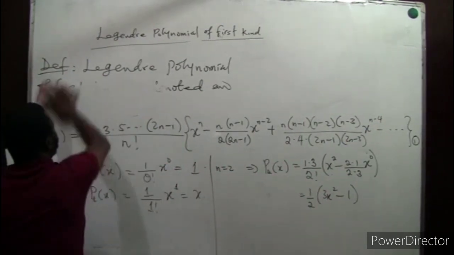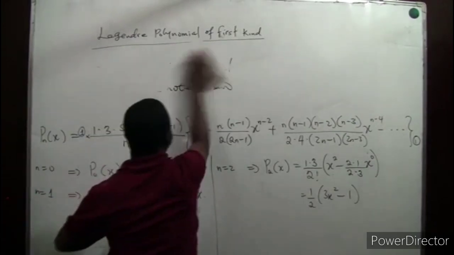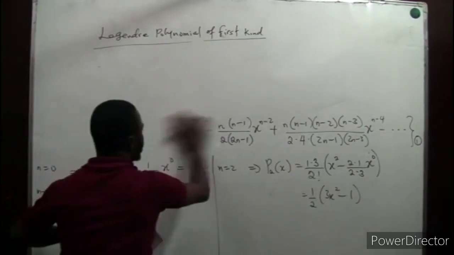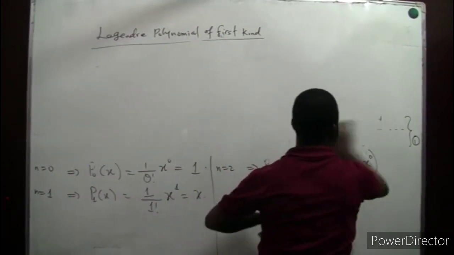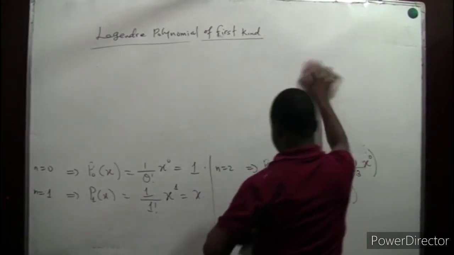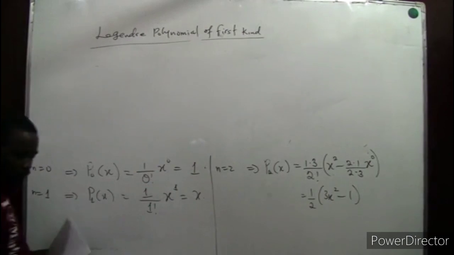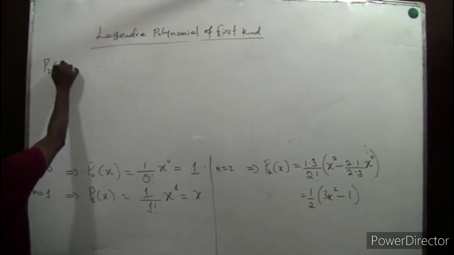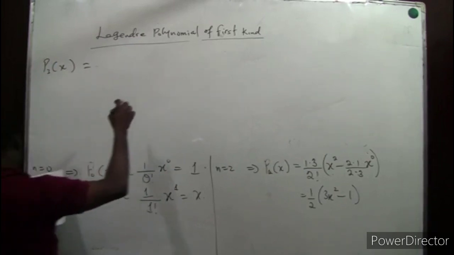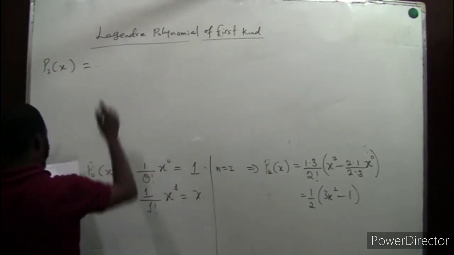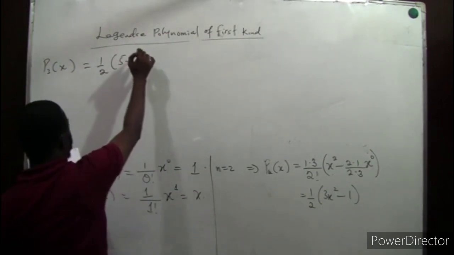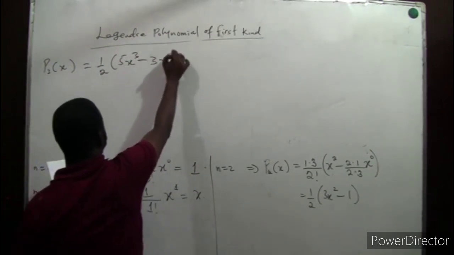Following the same line of argument, we can generate more Legendre polynomials. Let me write up to the 5th one. So our P3 of x, following the same pattern, will give us 1 over 2, 5x raised to power 3 minus 3x.